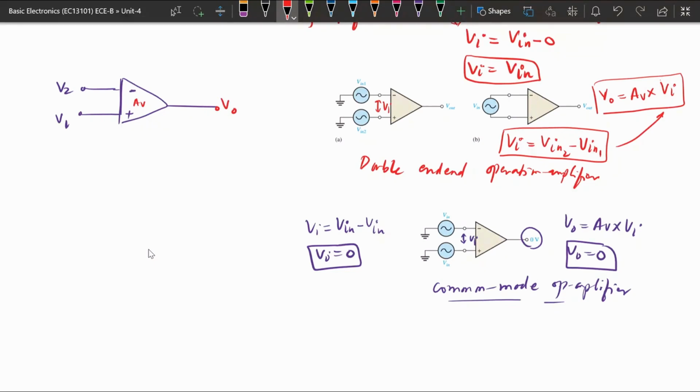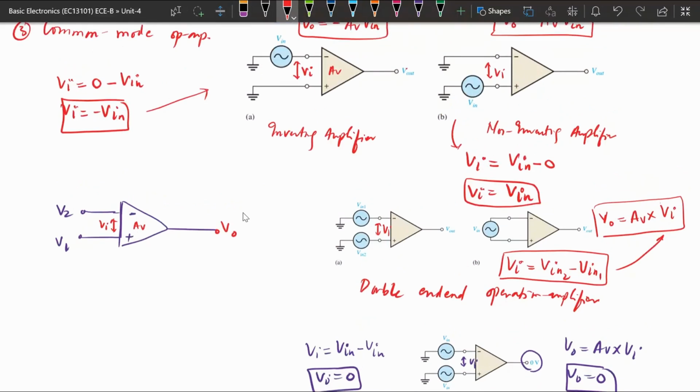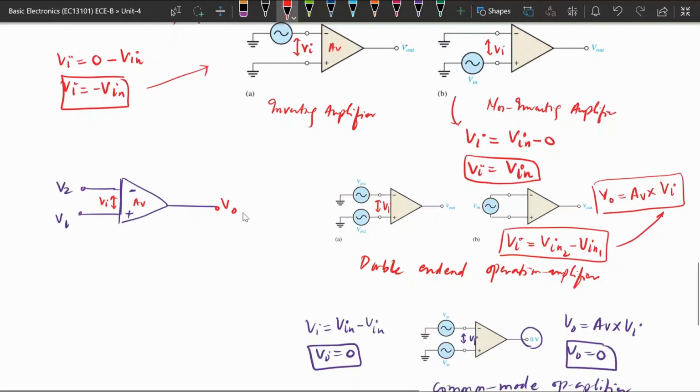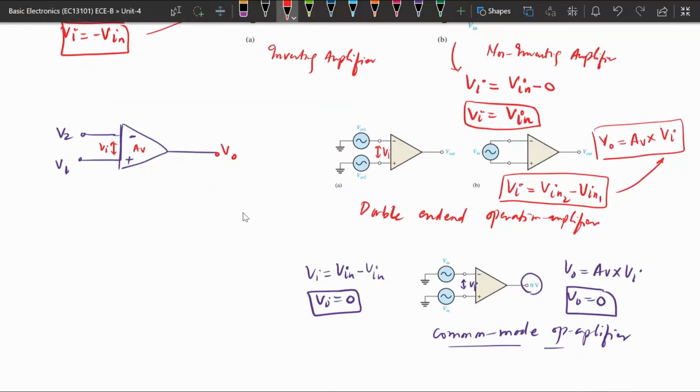With respect to that, the input voltage will be the difference of these two. Here there are different input-output combinations, so we will see the different cases.